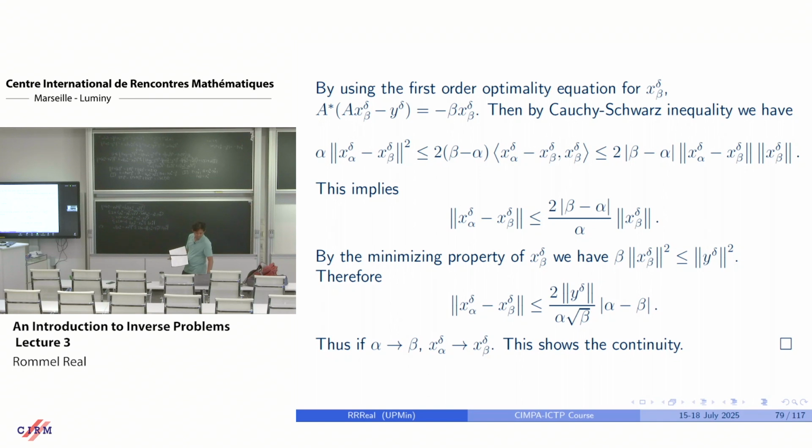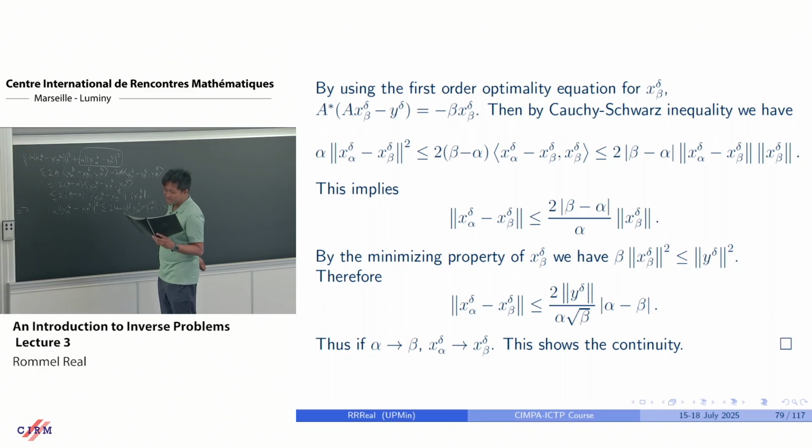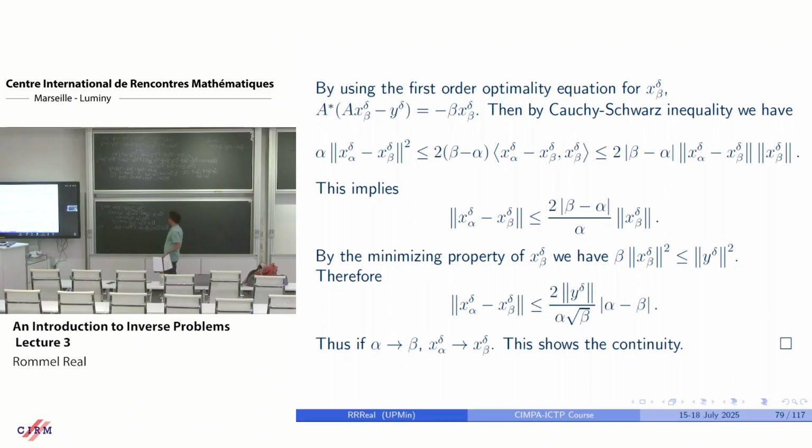And then further, we can estimate the norm of x beta delta here by using the minimization property of x beta delta, similar to what we did last time.